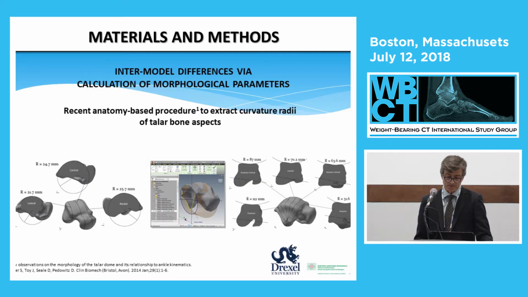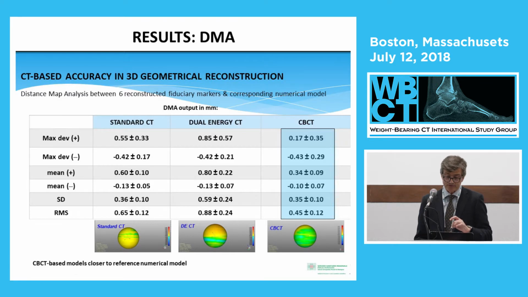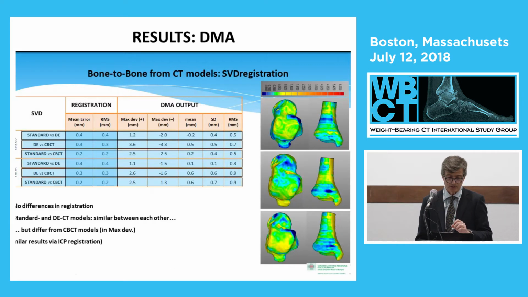The other exercise that we have done is to define a number of geometrical parameters which are fundamental for the design of our total ankles in collaboration with our friends in Drexel. So the results, very quickly, by looking at the balls in themselves, the cone beam CT have shown the best results in the matching.